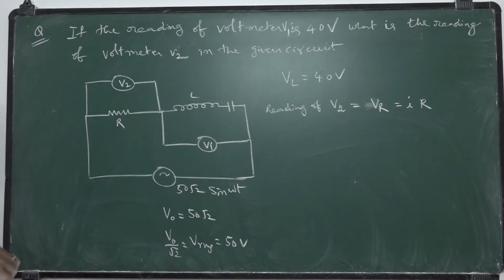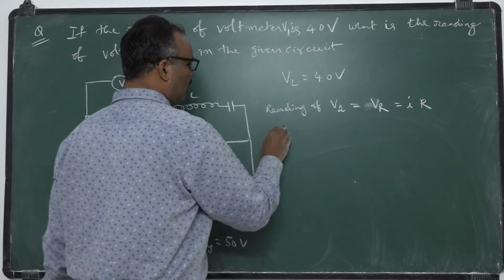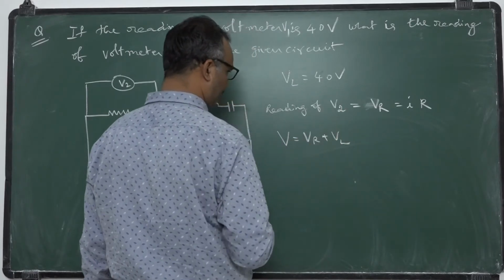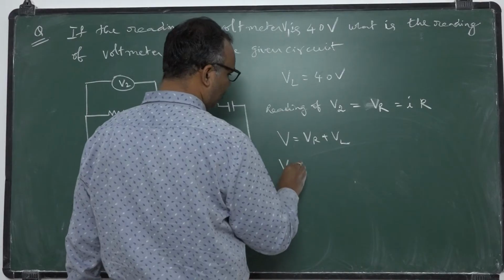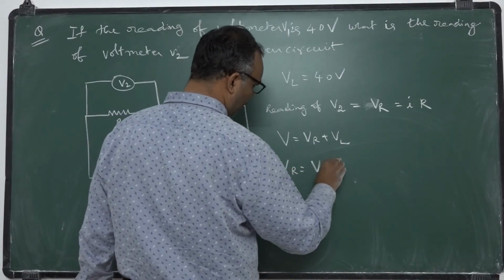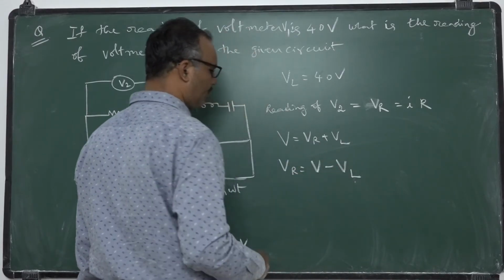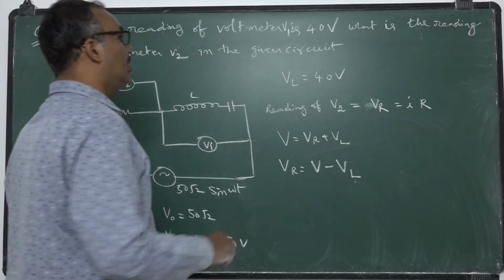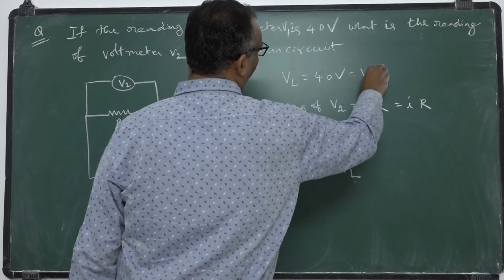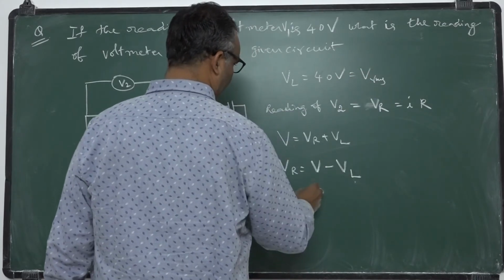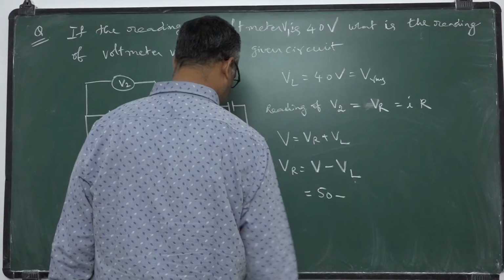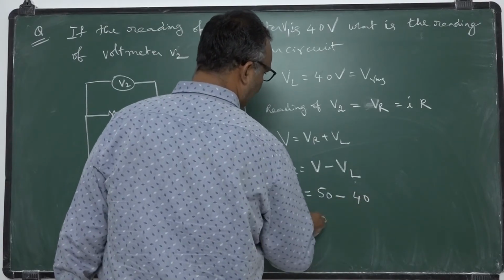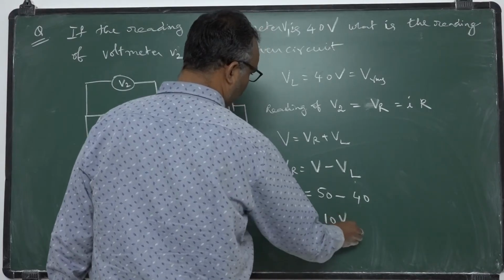But clearly, applied voltage must be equal to voltage across resistor plus voltage across inductor. So voltage across resistor can also be taken as applied voltage minus voltage across inductor. Applied voltage, they did not mention anything here, so it is RMS voltage. So 50 minus voltage across inductor, 40, so that is 10 volts.